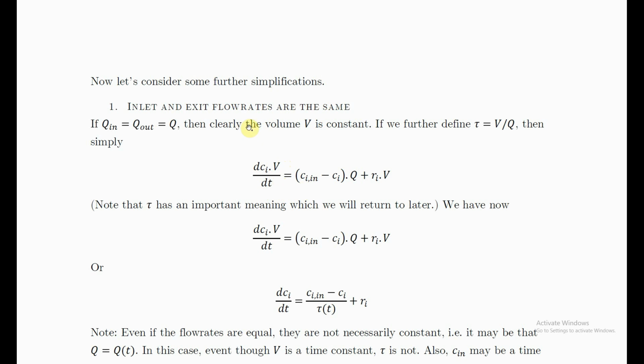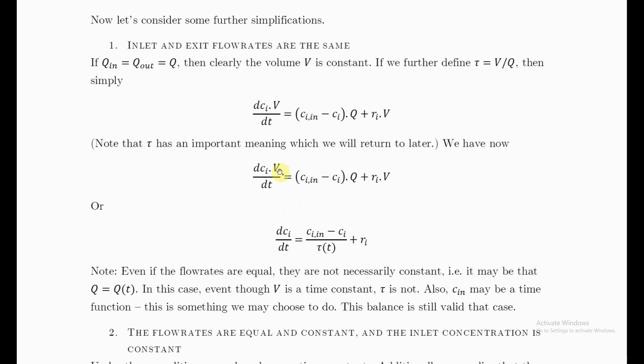In this case, we established that volume V is a constant, so it's valid to go ahead and just divide everywhere by V. If we do that, it's vanishing here, and then we've got Q divided by V, and we've defined V divided by Q as tau, so this is going to be a 1 over tau. So this just becomes Ci in minus Ci over tau, and then the V is cancelled here.